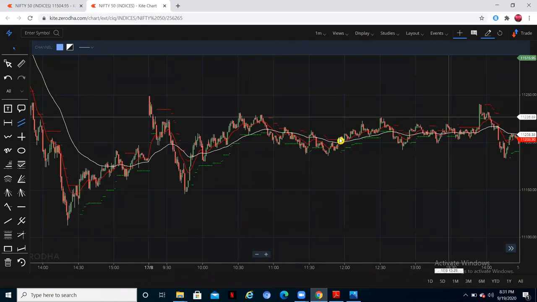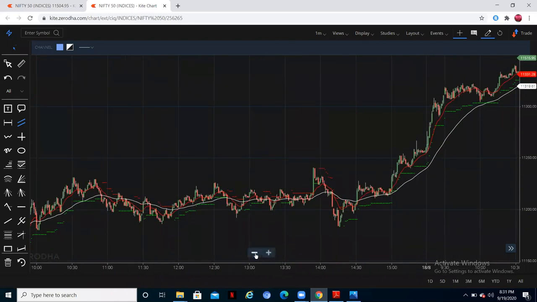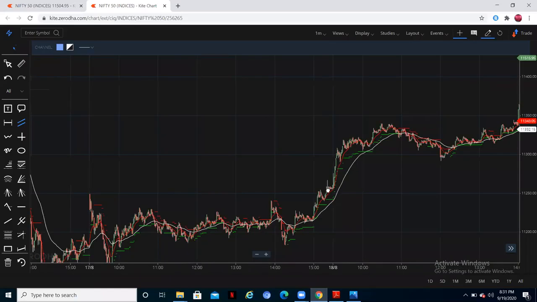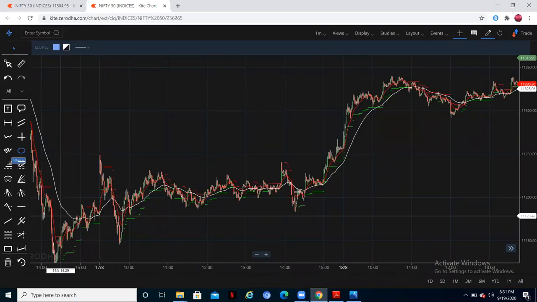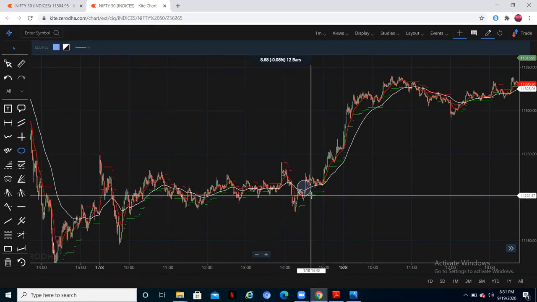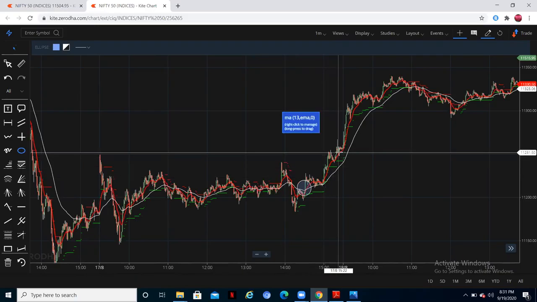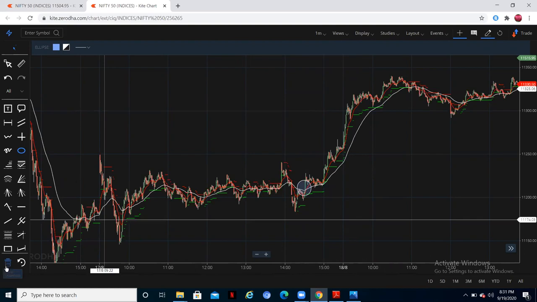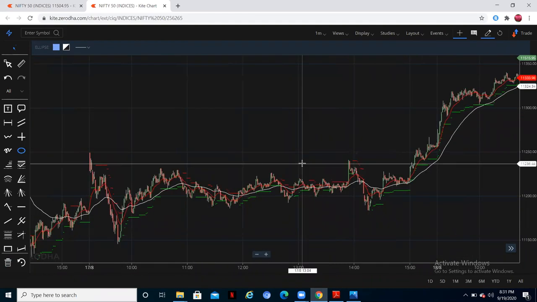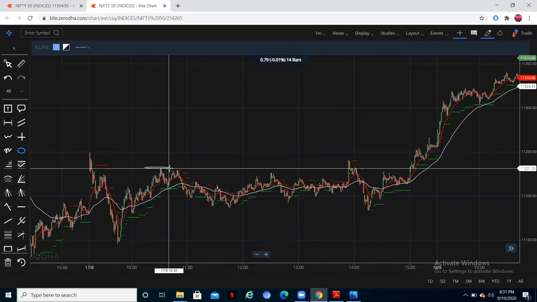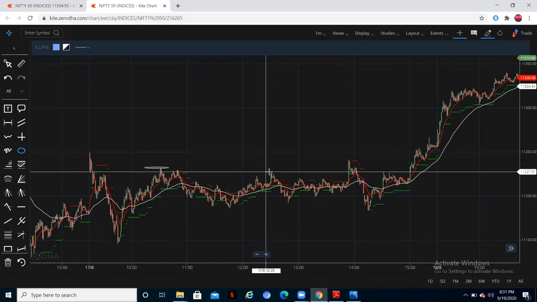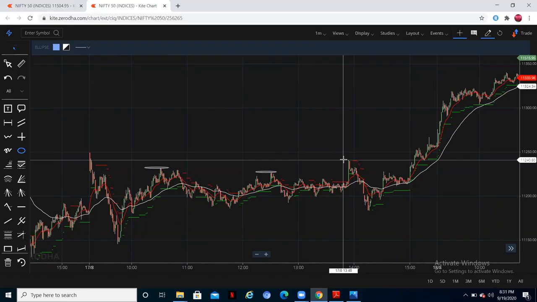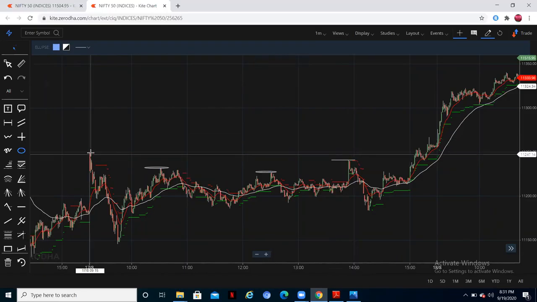You can see here, first of all, the red line is moving above the white line. So this is a buying trade. Secondly, if you notice, we are having multiple highs here. This is one high, then this high we are having, also this one.